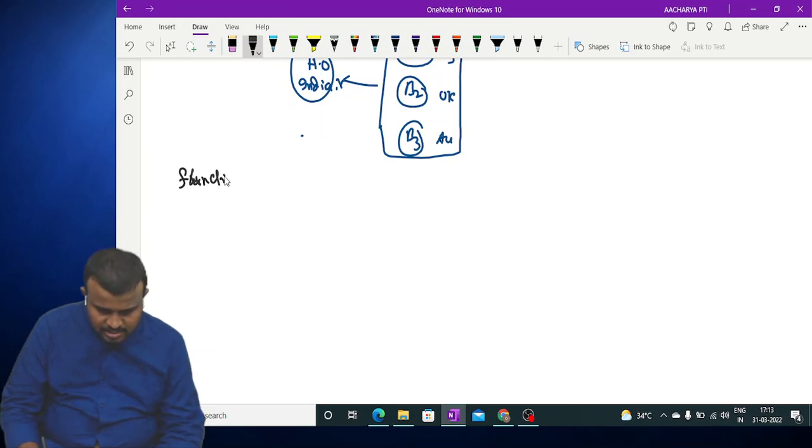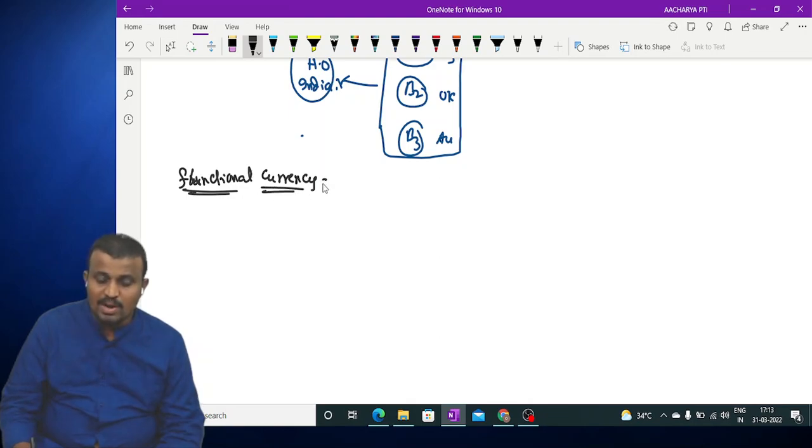And another one is functional currency. What is meant by functional currency?